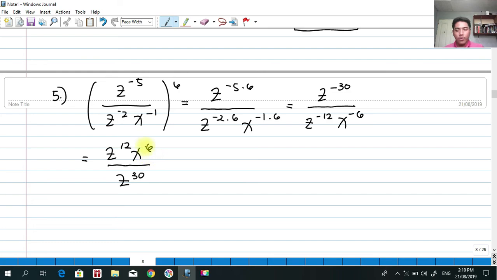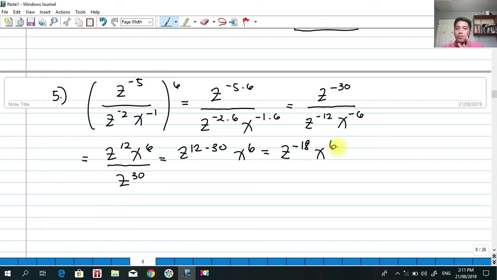Raised to 30. So what we are going to do is simplify these two. So z 12 minus 30, x raised to 6. We have z raised to 12 minus 30, which is negative 18, x raised to 6.